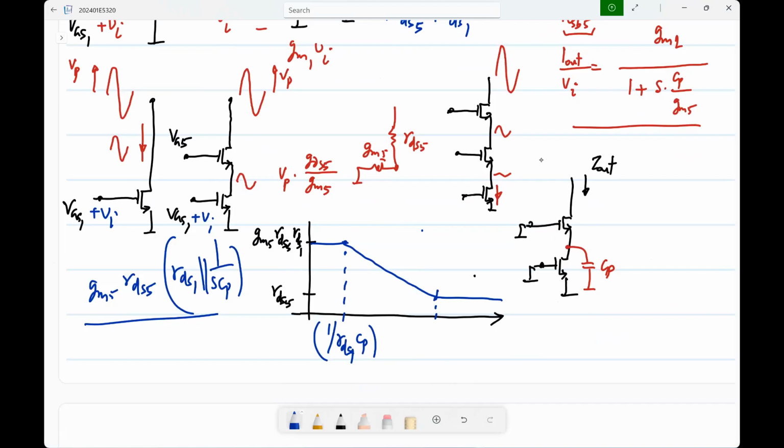It is GM5 by CP. So you can see how much it is falling vertically. If it is first order, it's the same factor horizontally. These are all log plots. I won't keep saying that again and again. These are all log plots. Okay.